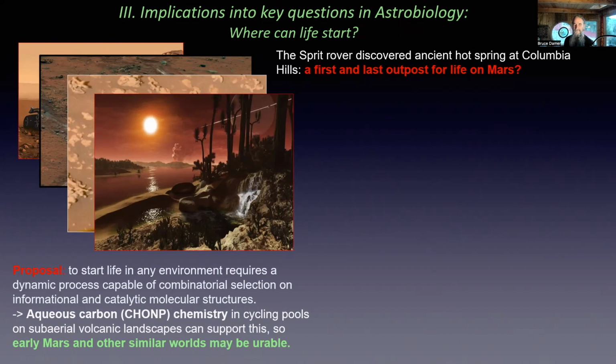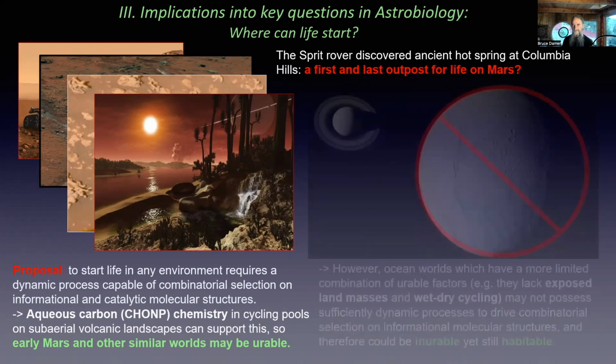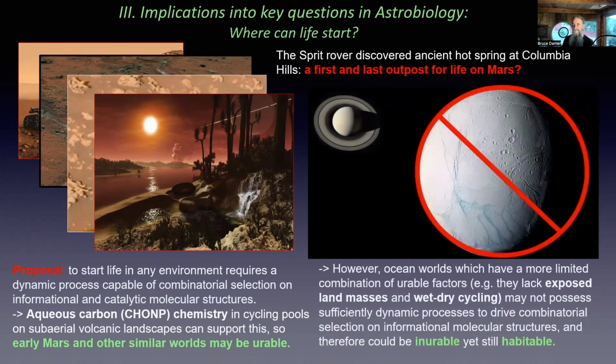in cycling pools can support this, so that early Mars and other similar worlds would be Urable, but ocean worlds, which are very, very big up there in terms of habitability, may not have the sufficient Urable factors. They may not have exposed land masses and wet-dry cycling.